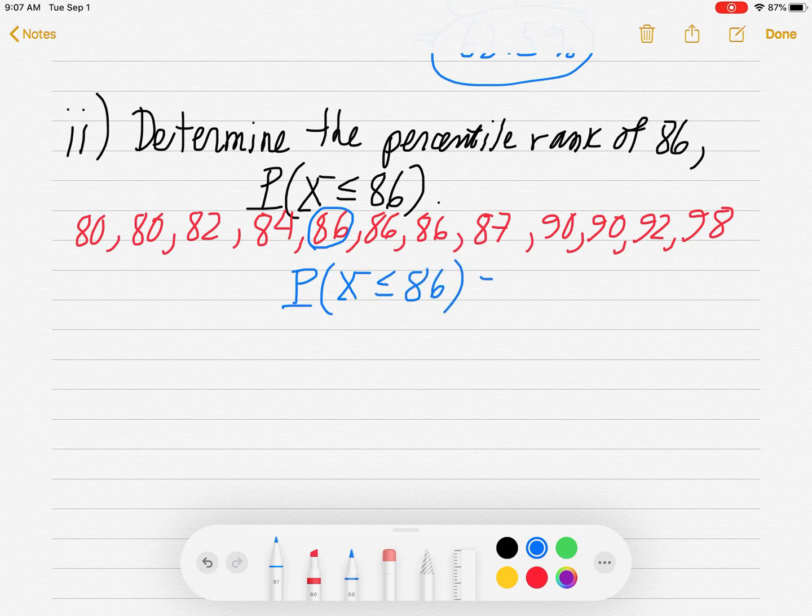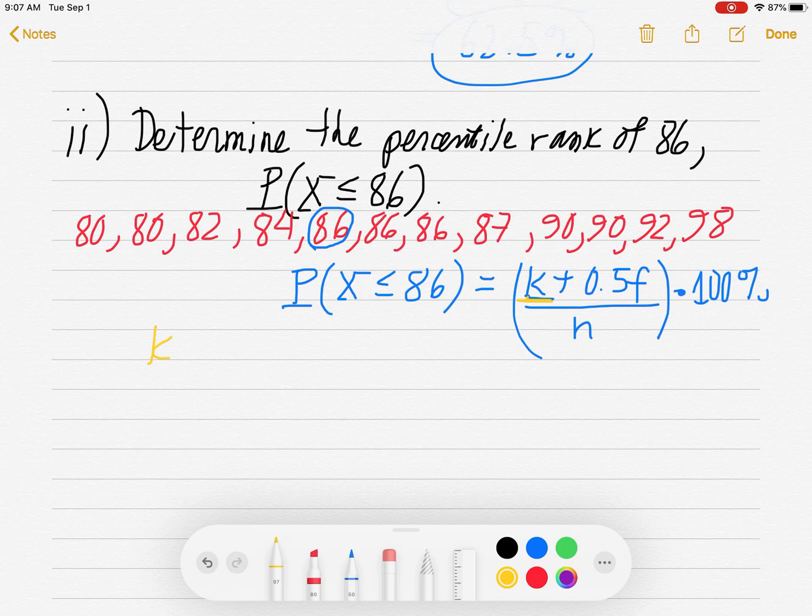Remember the formula: k plus 0.5 f over n times 100 with a percentage sign on the end. K is the number of data values to the left of the leftmost 86. Count up 1, 2, 3, 4. 4 data values to the left of the leftmost 86. So k is going to be 4.